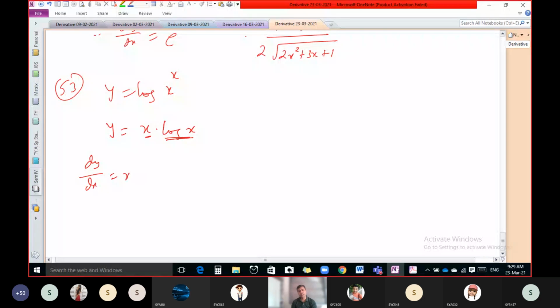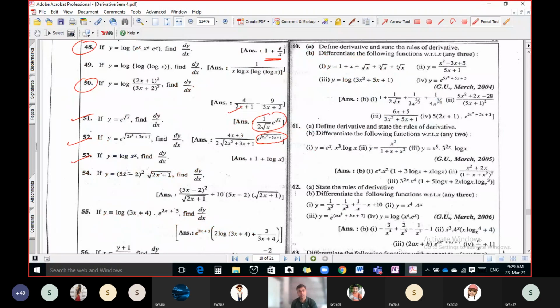Keep the first function as it is and differentiate the second function. What is the derivative of log x? 1 upon x. Yes. Then which sign do we write here? Plus. Now log x as it is, and now the derivative of this x with respect to x. 1. So my final answer is dy by dx equal to, you can cancel this x, so we get 1 plus log x. This is my final answer for question number 53, 1 plus log x.